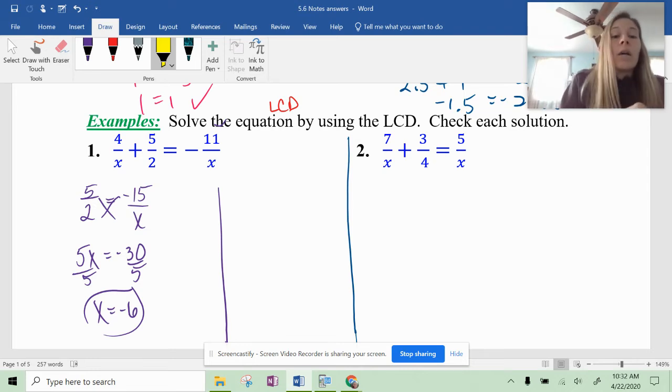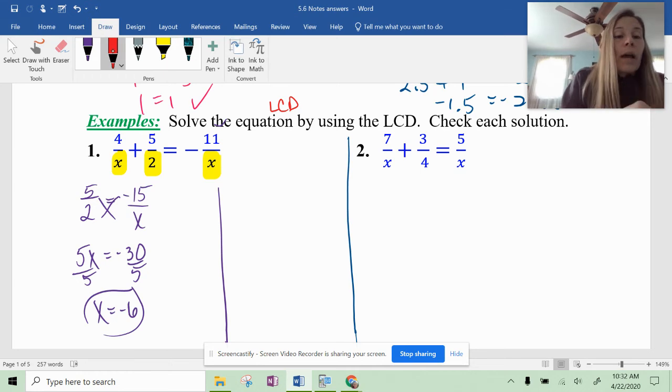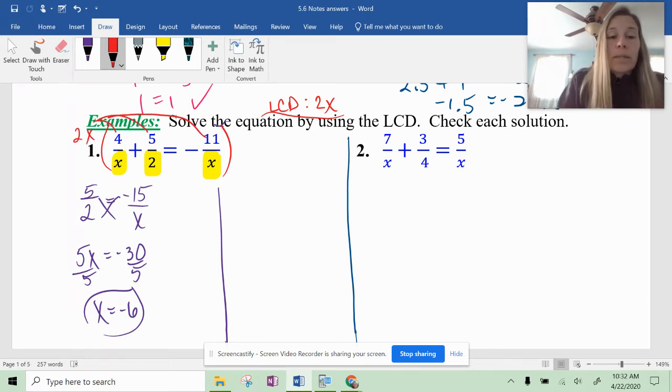It's the same idea. So if I have a 2 and an x, if I distribute my LCD, which is 2x, to the entire equation, all 3 terms there, when I multiply 2x to 4 over x, I get 8x over x, right? Because this is really 2x over 1.